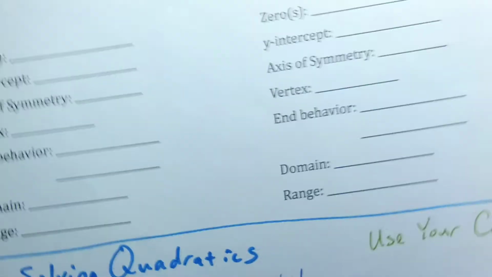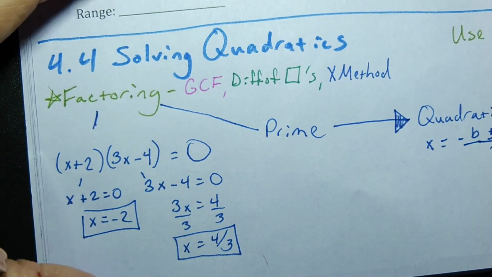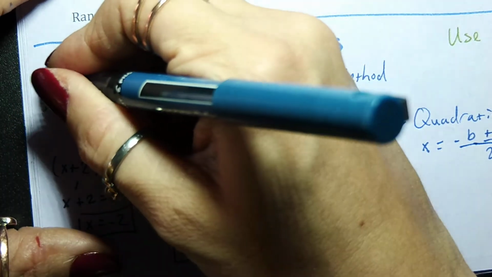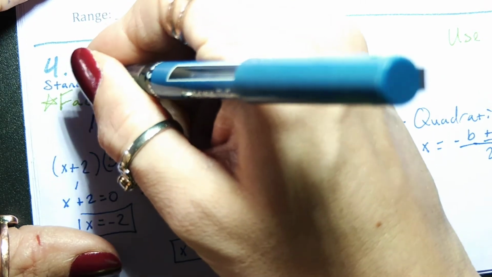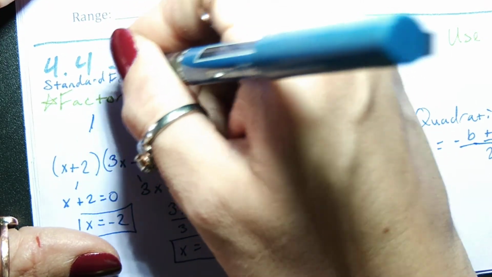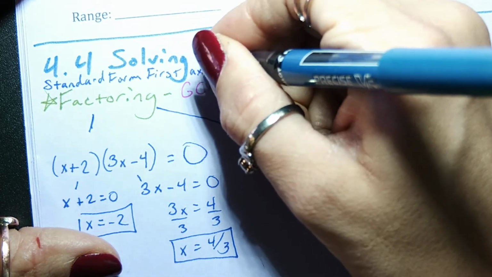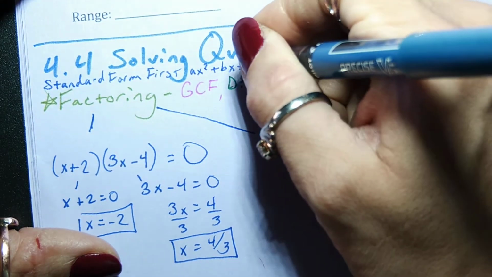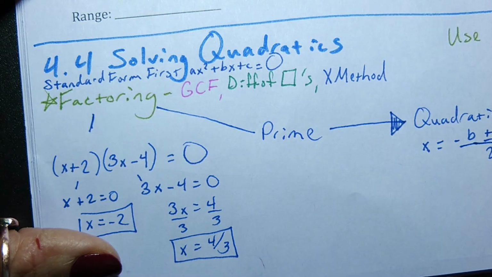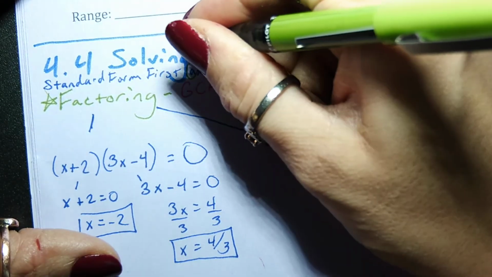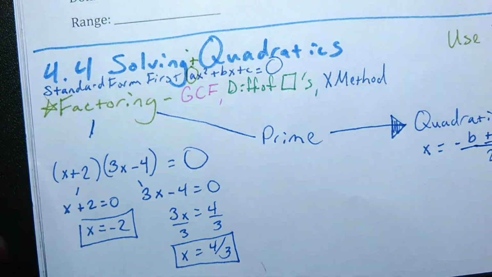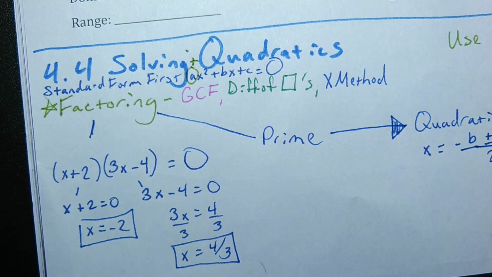Not great for factoring. So let's see if we can squeeze this in here. Before we try to factor, it needs to be in standard form first. That means ax squared plus bx plus c equals 0, and that a value has to be positive. Doesn't have to be positive for the quadratic formula, but for factoring, that a value has got to be positive.